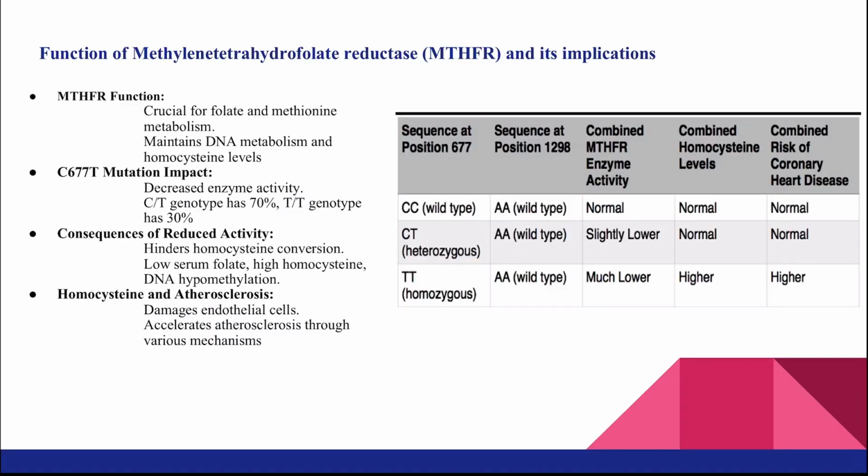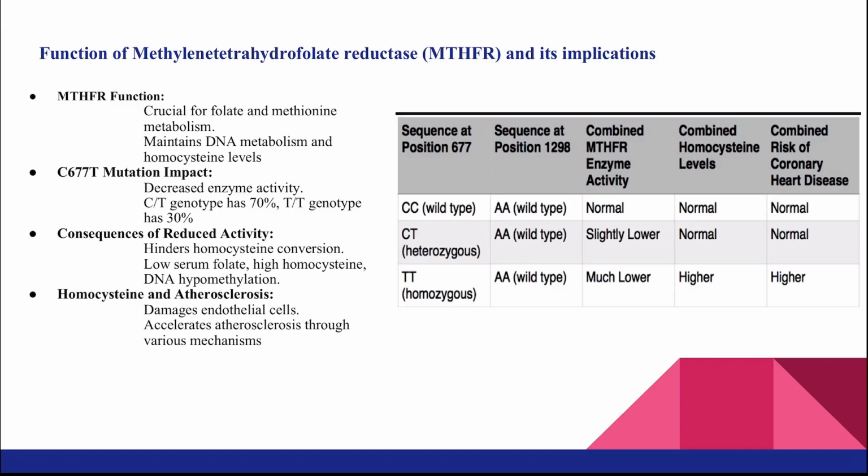So, what is the function of the MTHFR gene? This enzyme is responsible for folate and methionine metabolism as well as for regulating the levels of homocysteine in our body. Now, whenever there is a mutation, it impacts the enzyme activity. Similarly, the C677T mutation has been linked to a decrease in enzyme activity.